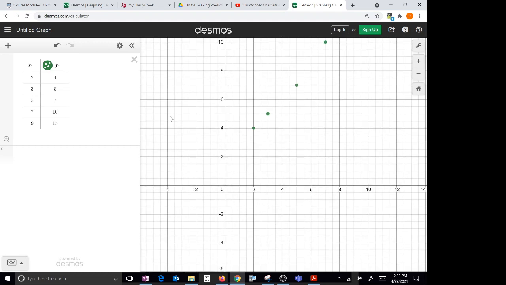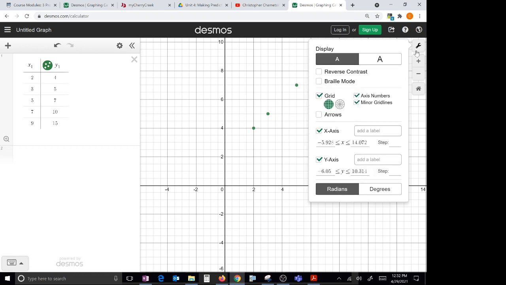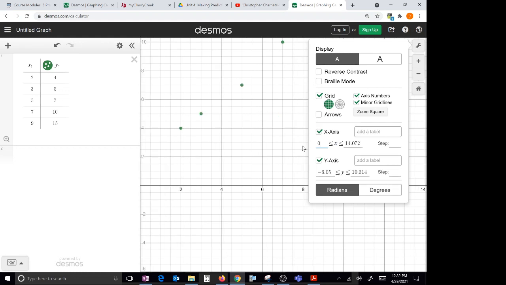a better way, because later on we're going to be using bigger numbers here, is to click this graph settings, this little wrench here, and then on the x values, find your lowest x value, and go under that by a little bit. So if our lowest x value is 2, we should go to maybe 0.